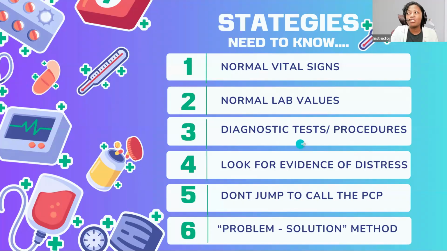Once again, also strategies on how to answer these questions is being familiar with diagnostic tests. There are common ones out there like EKGs, CT scans, MRIs. There are also procedures like cardiac catheterization. Being familiar with those particular test procedures is going to be very helpful because you're going to see questions, and you're going to see them today, that connect some of those procedures and tests to questions, and you're going to see how they present.